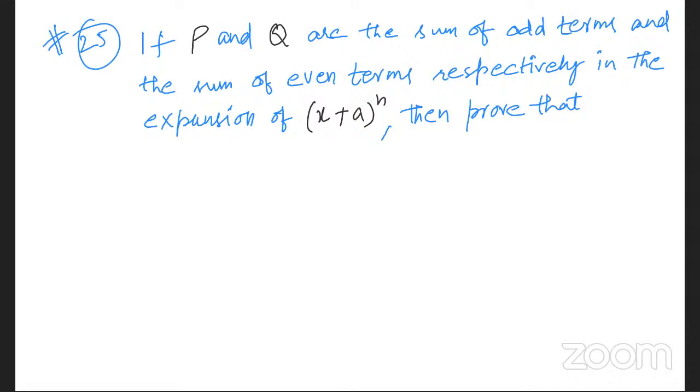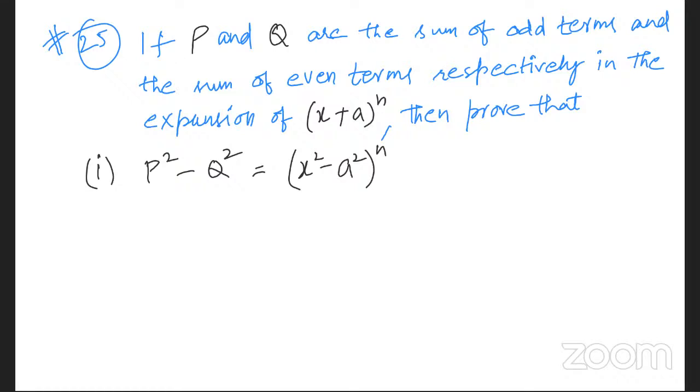we have two bits in this one. Again, the first bit is p square minus q square is equal to (x square minus a square) whole to the power of n.